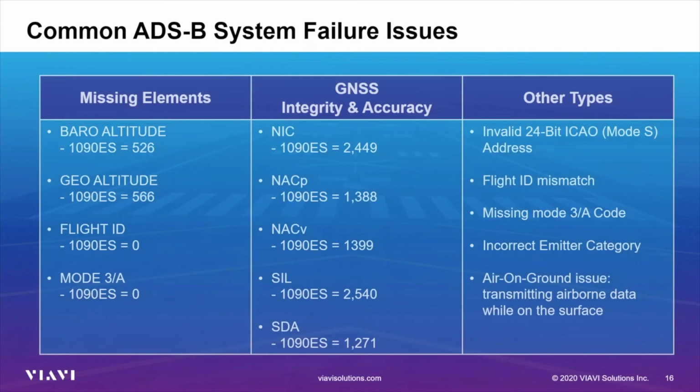Things to look out for when you're doing the testing are such things as missing data, and that can be data from the subsystems within your aircraft that feed into the transponder, or something within the qualification of the data that means the transponder does not send it on. The next group of things that we want to look out for are GNSS integrity and accuracy issues.